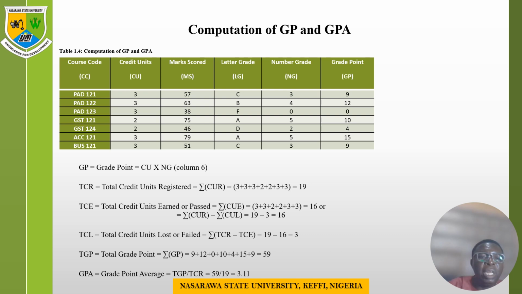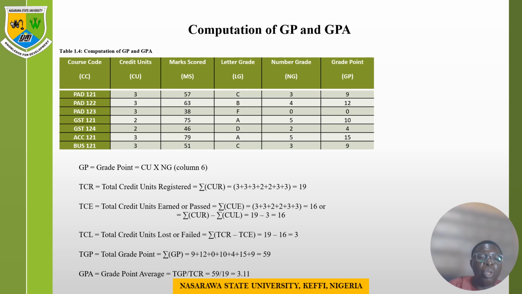So if you pick 3 times 3 for PAD121, that gives you 9, then 4 times 3 for PAD122 gives you 12, 0 times 3 for PAD123 is 0 because the course was failed, 5 times 2 for GST121 is 10, 2 times 2 for GST124 is 4, 5 times 3 for ACC121 is 15, and 3 times 3 for BOS121 is 9.